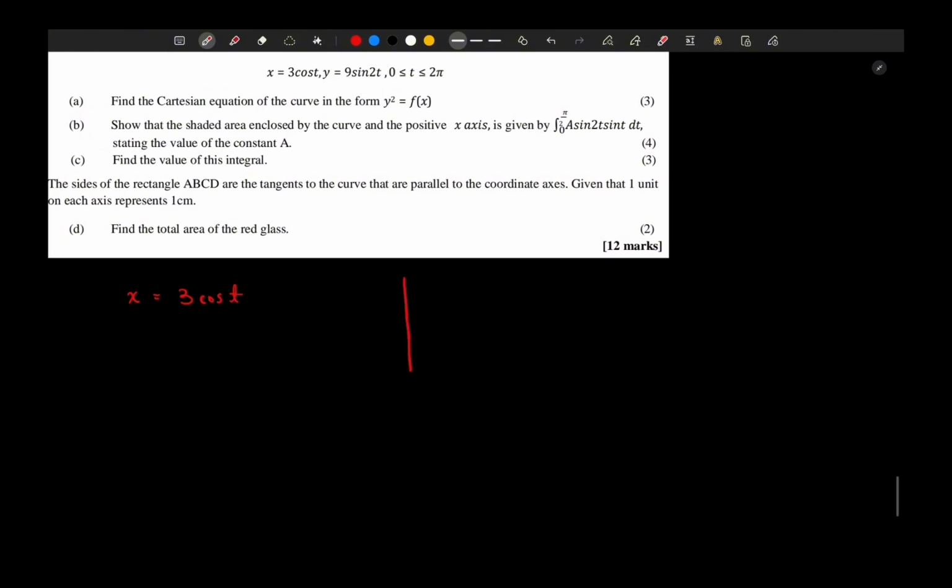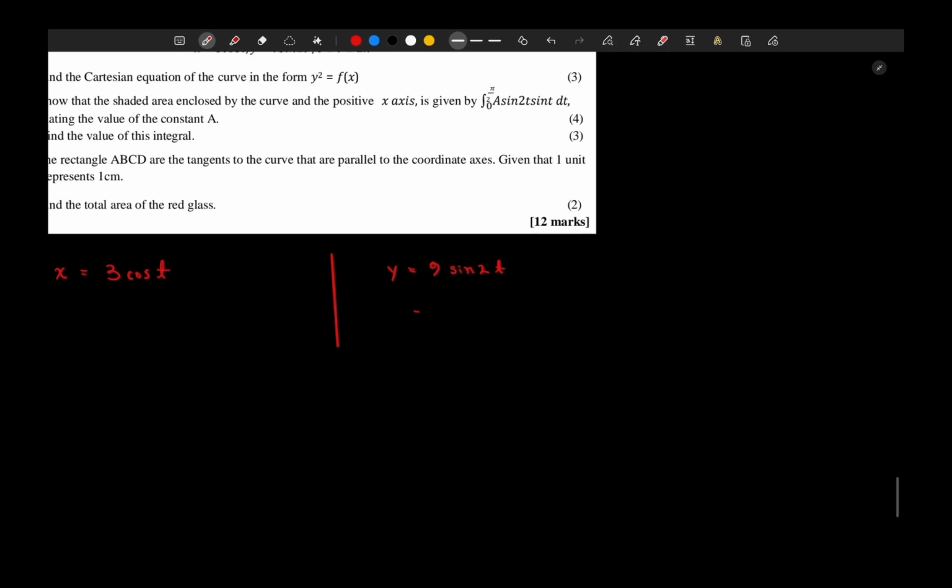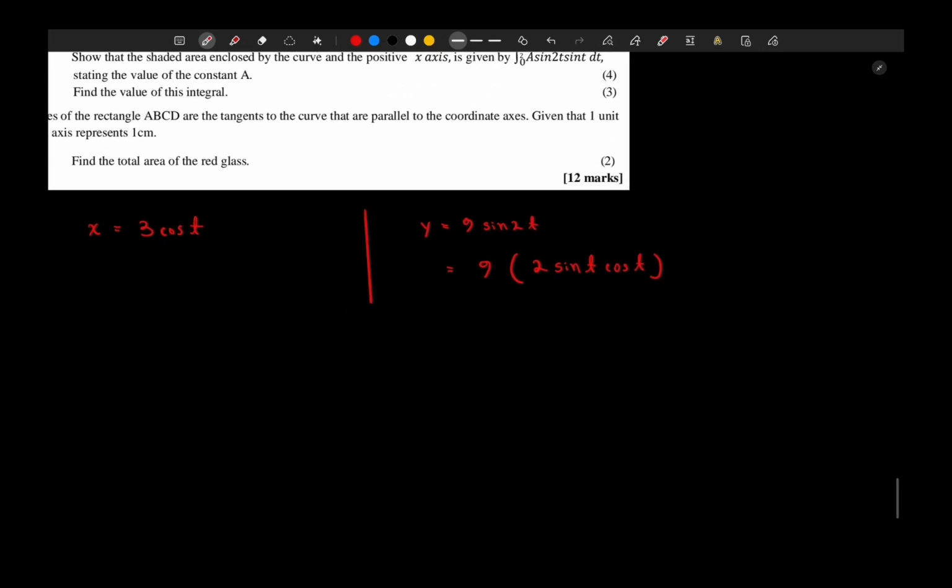So first of all, if we take the equation x equals 3 cos t, and let's take the other equation, which is y equals 9 sin 2t. We can write 9 sin 2t as 9 times 2 sin t times cos t, and we can rewrite this equation as 18 sin t times cos t.